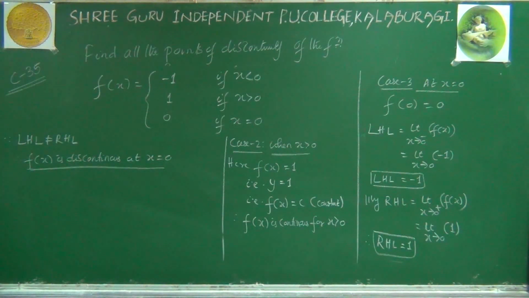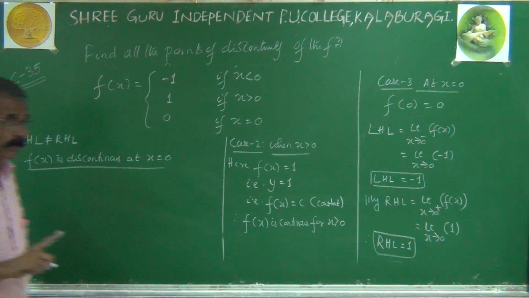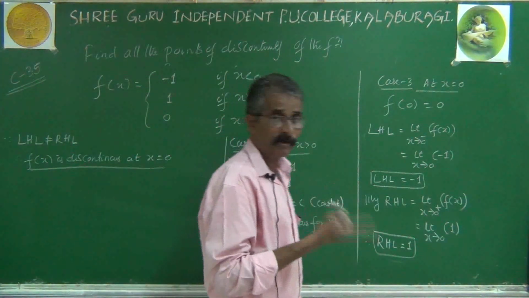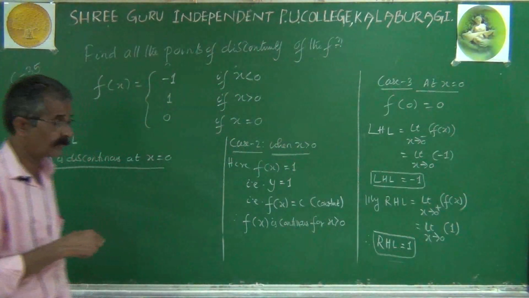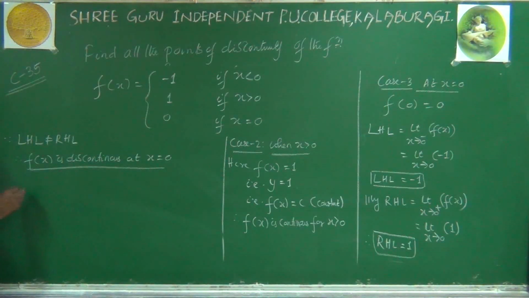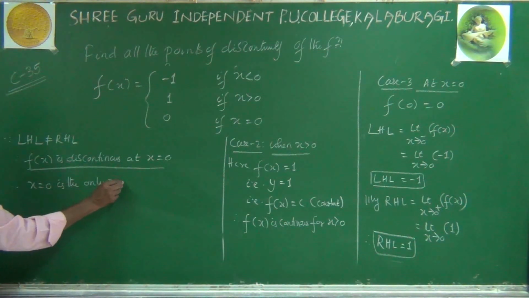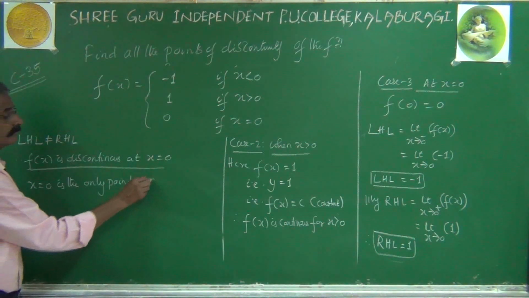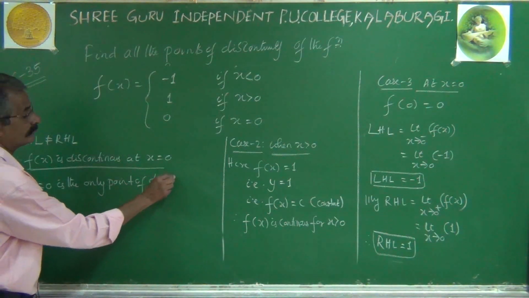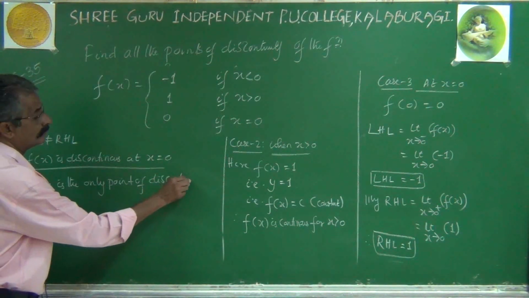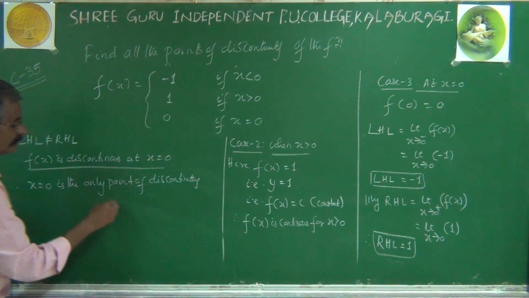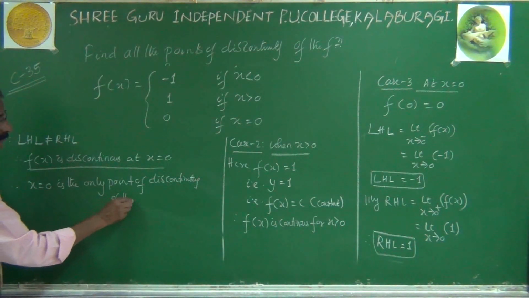That means our given function has a lone point of discontinuity, and that point is x equal to 0. Therefore, x equal to 0 is the only point of discontinuity of the function f of x.